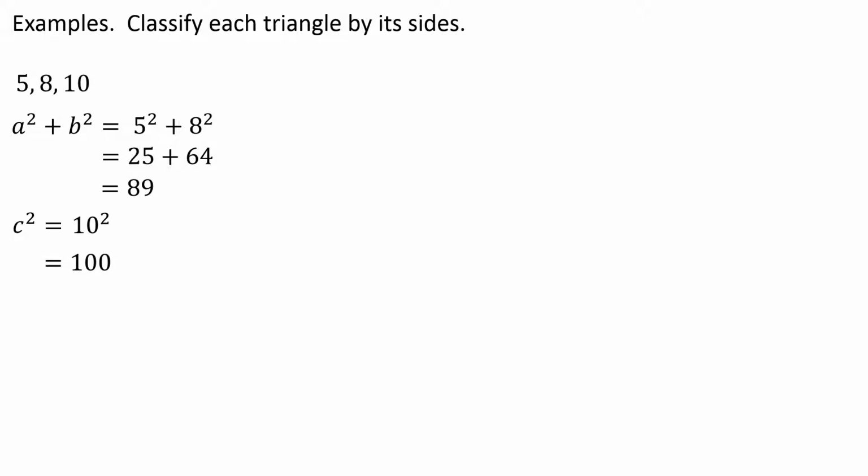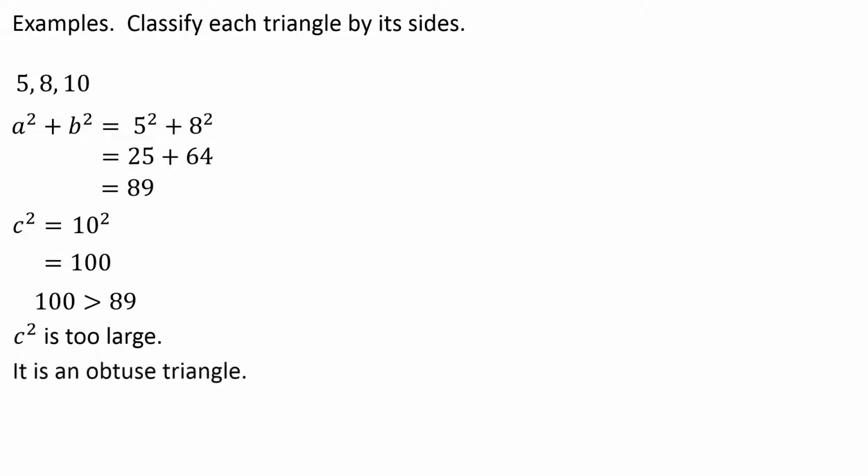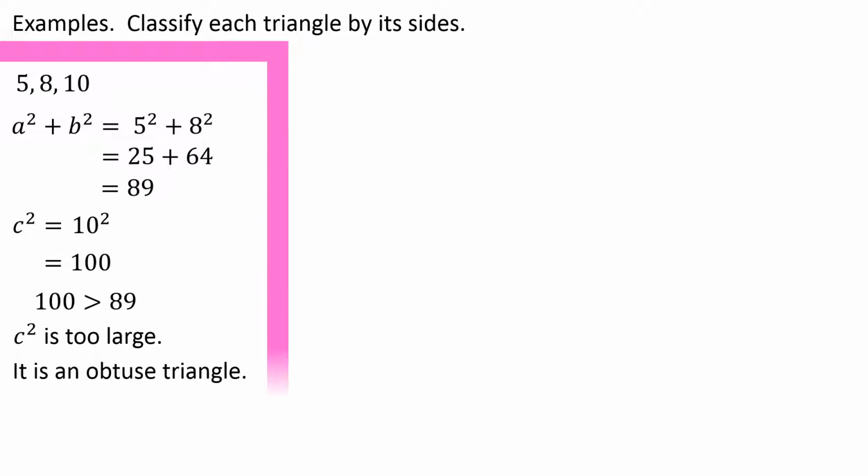Uh-oh, 100 is greater than 89. C squared is too large. That means the triangle is obtuse. Notice I didn't try to take the square root of 89. I just said, okay, let's just compare it to c squared.